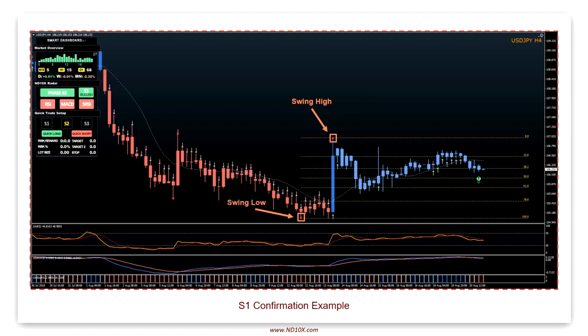Just draw a Fib. In this case, we have tested 38.2% once the S1 signal appears, so this would be a valid signal. Like we said, minimum accepted would be 23.6%, maximum accepted 78.6%. And it doesn't matter where we end while we are in that range.